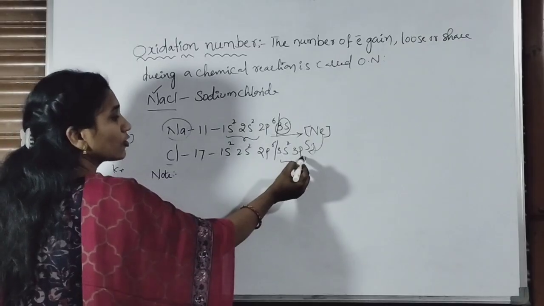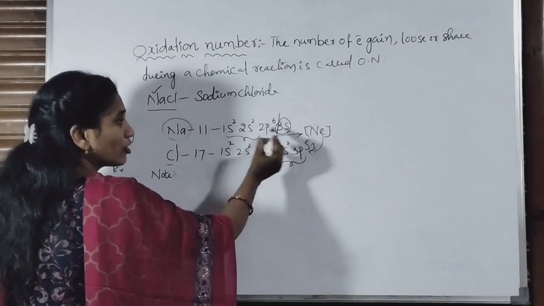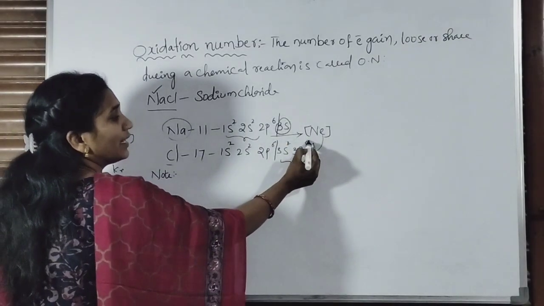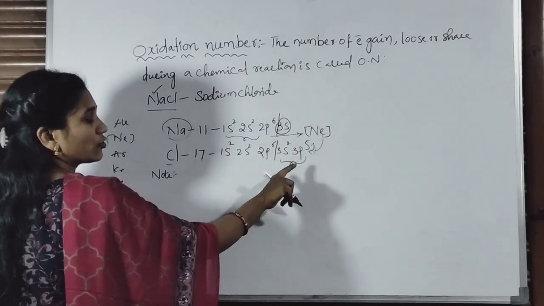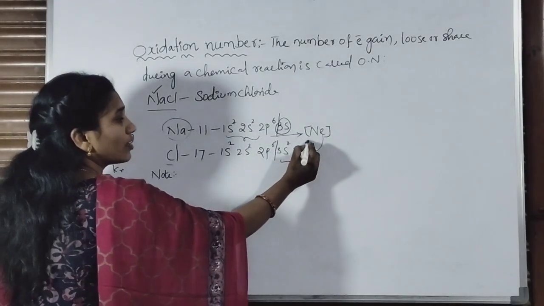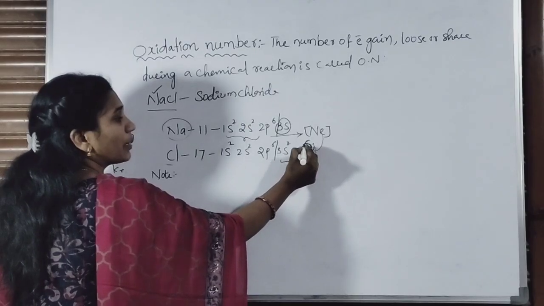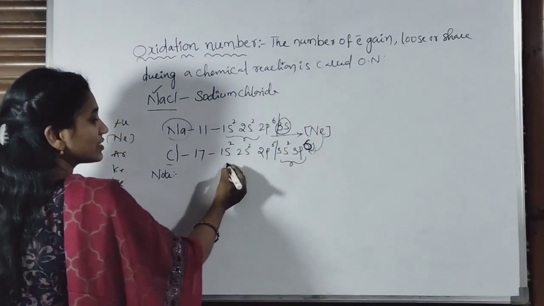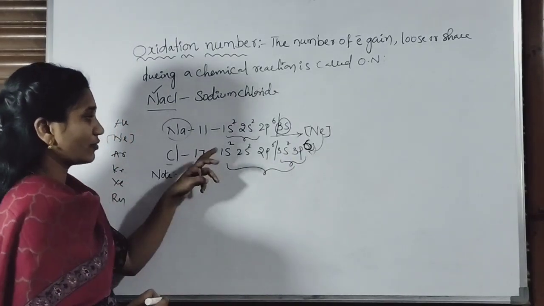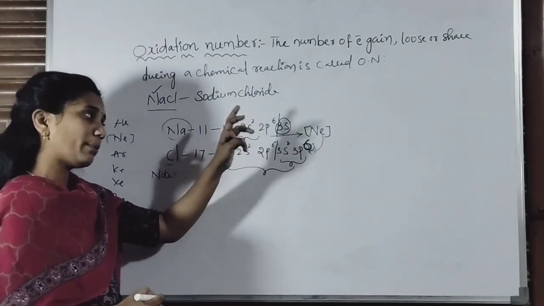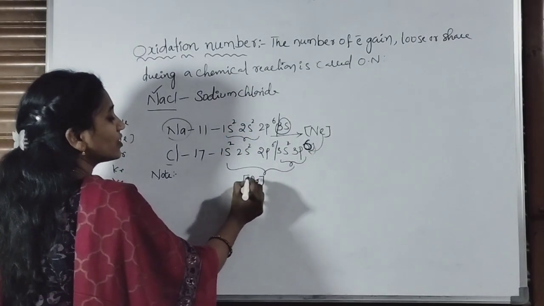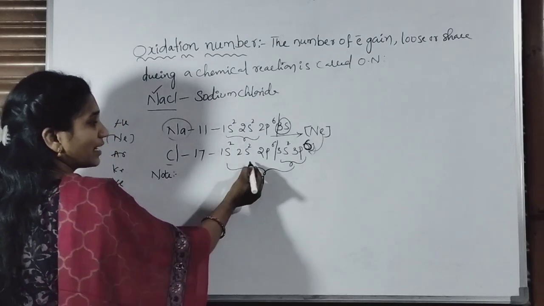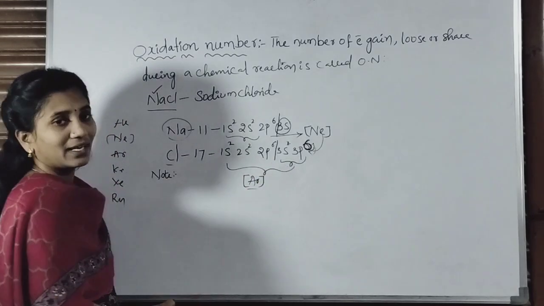Whenever the chlorine atom gets one electron from the sodium metal, it automatically has 8 electrons, so it becomes 3p6. This electronic configuration, 1s2, 2s2, 2p6, 3s2, 3p6, if we observe carefully, is the electronic configuration of argon.